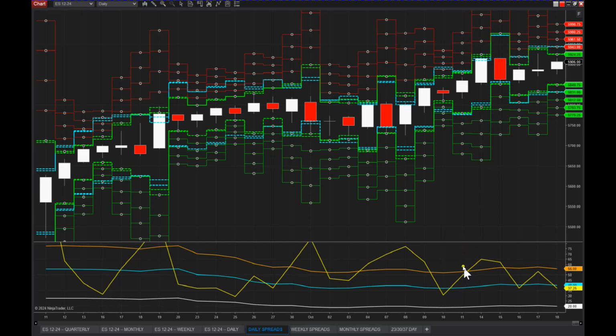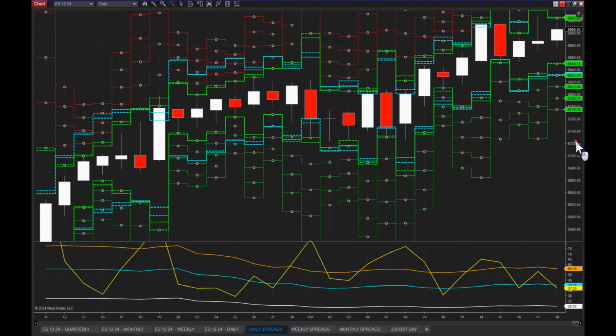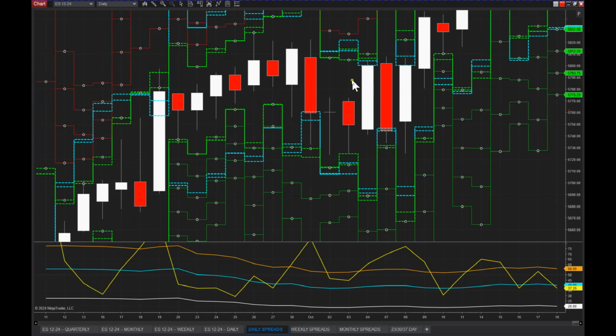So you could have targeted tails alerts whenever that condition happens across the three on a daily. And that gives you the heads up that you're trading to targets.